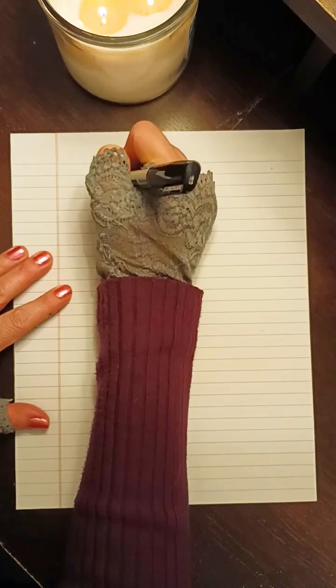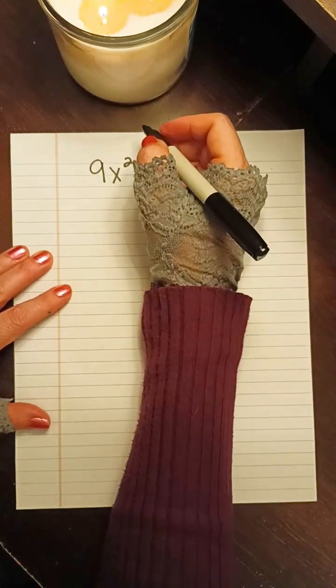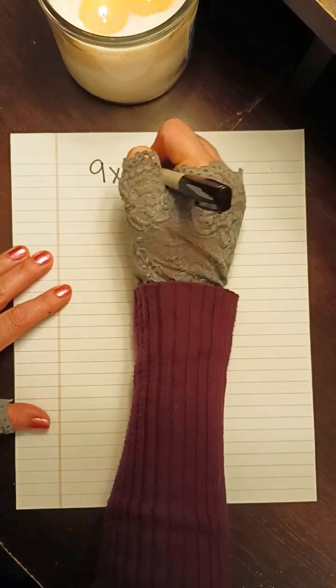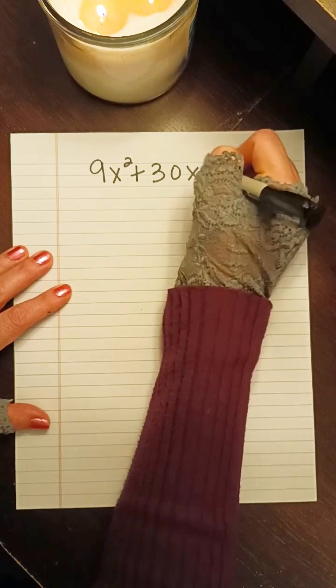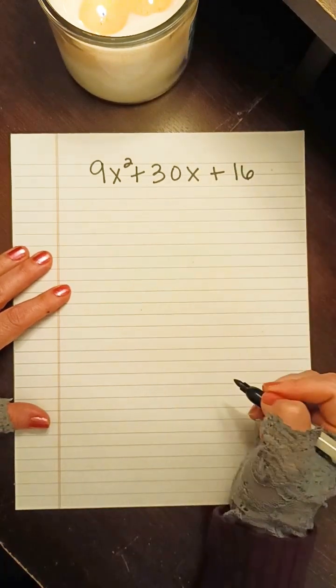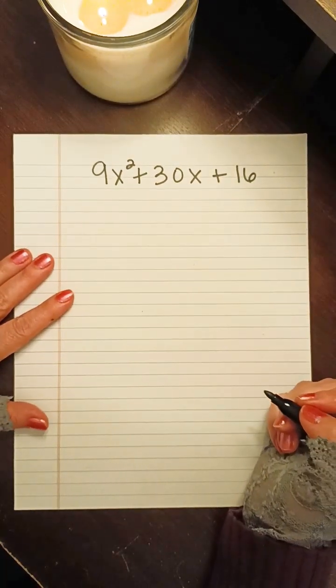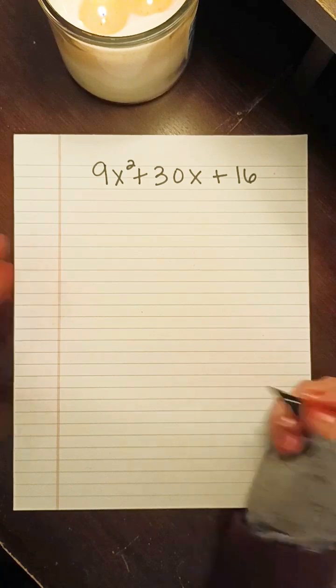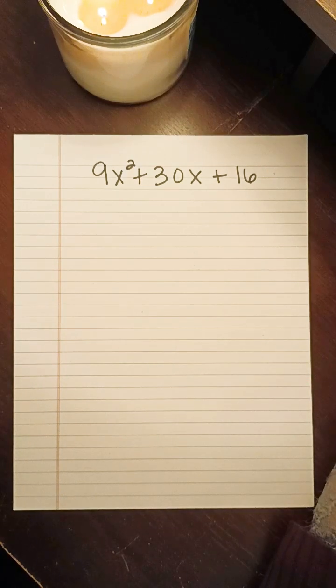Another one. So we have, and the more you do these, the quicker you will get at spotting the factors and at spotting the numbers that work, and so you can create your factors quicker.